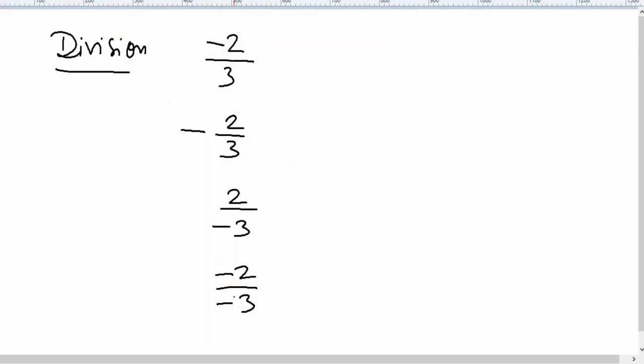Here you can see this is minus 2 upon 3. Here this is also minus. Whether we write the negative sign with the numerator or separately, it has the same meaning.